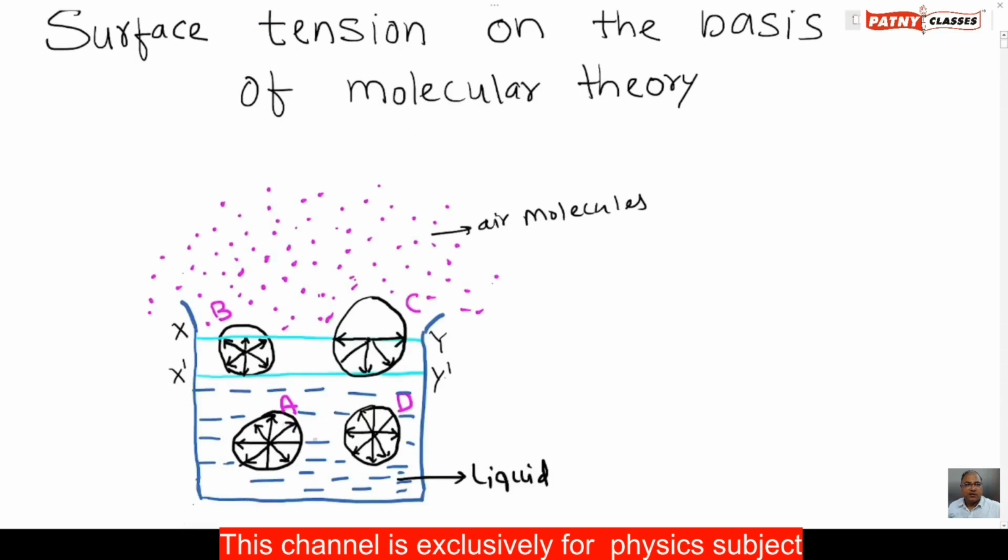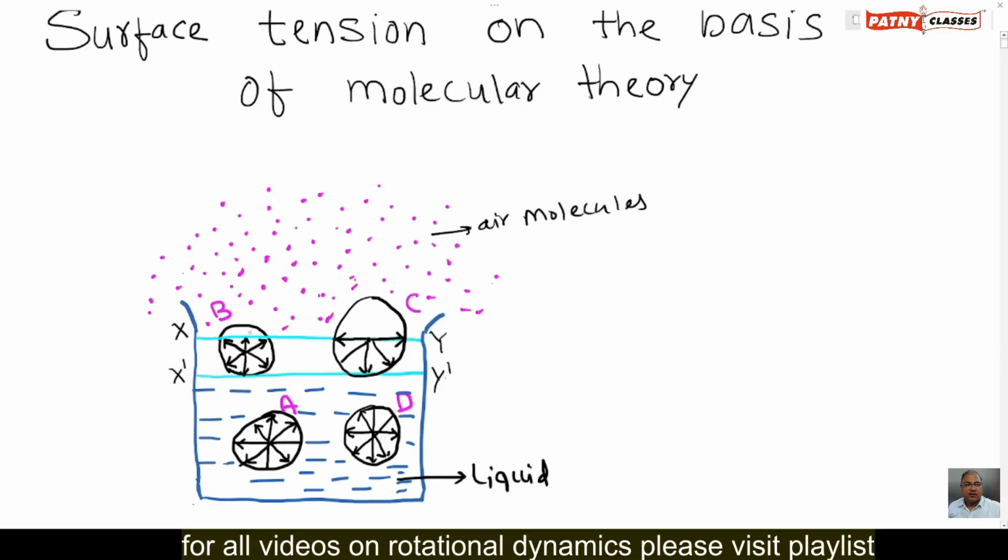Now, molecule A is very much deep into the liquid. Molecule D is also very much deep into the liquid. Whereas molecules B and C are not deep into the liquid. Molecule B is within the surface film. You see, this is molecule B. It is within the surface film, whereas molecule C is resting on the surface film.